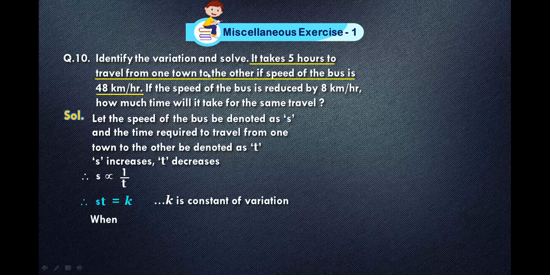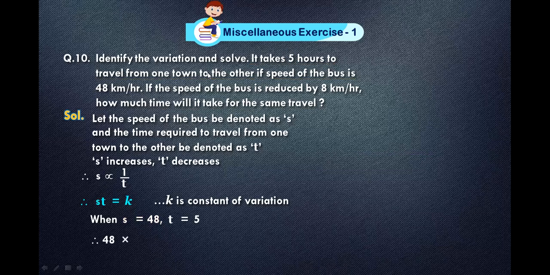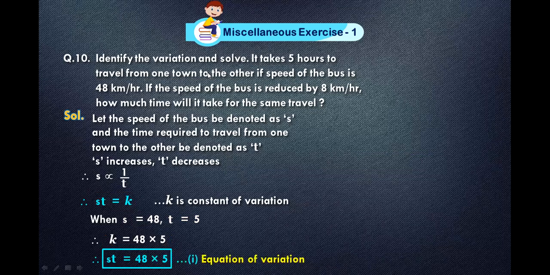Now, the bus was taking 5 hours with the speed of 48 kilometers per hour. So s is 48 and t is 5. So 48 into 5 will be equal to k. Fantastic. So s into t will be equal to 48 into 5. That makes the equation of variation, equation number 1.